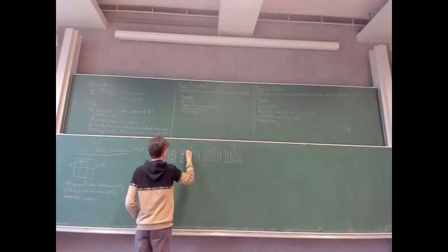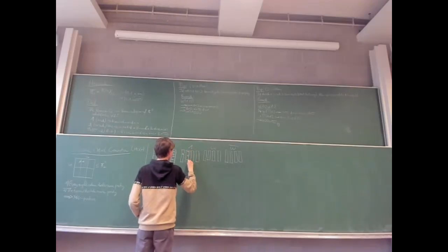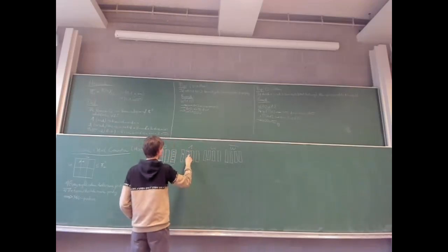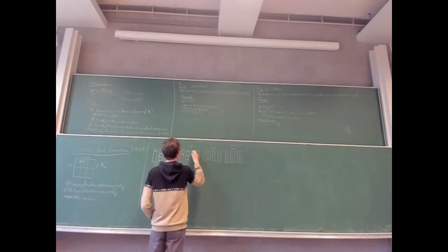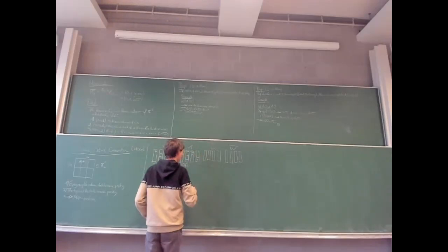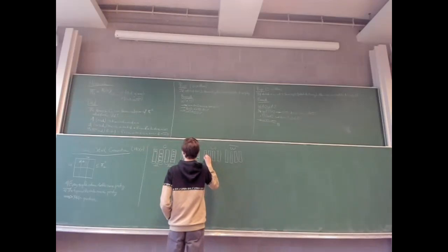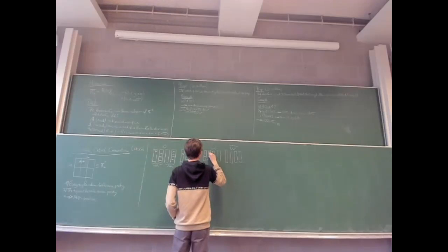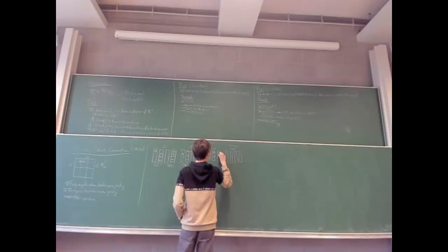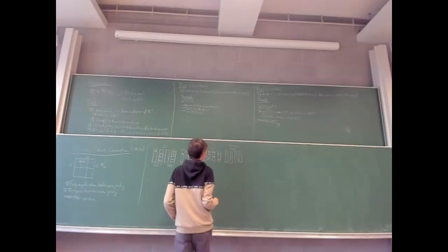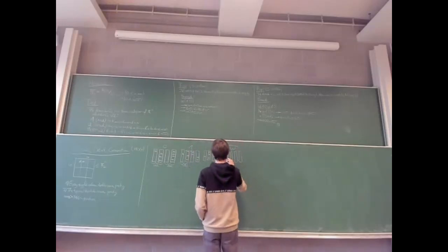So for 1, these are the odd positions, and these are the evens. And for omega, let's start right here. These are all the possibilities in the omega bar.